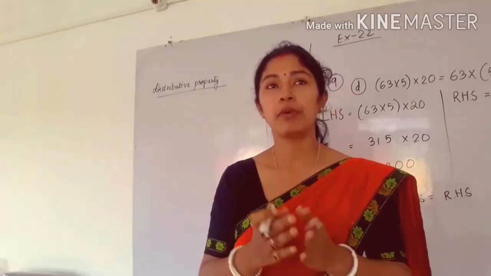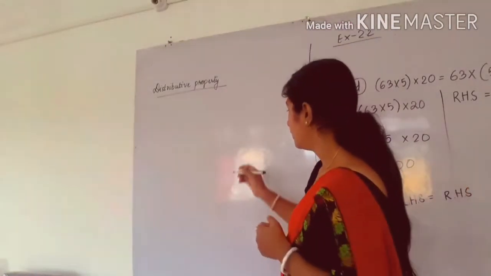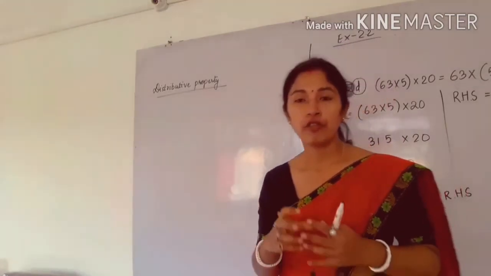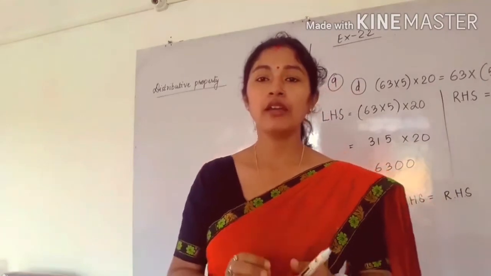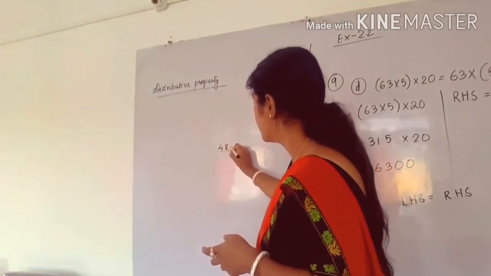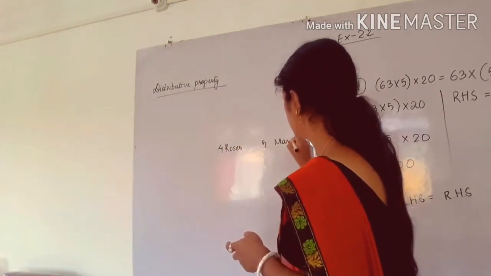So for example, if you have 5 bouquets, and you have to arrange flowers in the bouquet. For example, I have 5 bouquets and I have to arrange 4 roses and 5 marigold flowers.